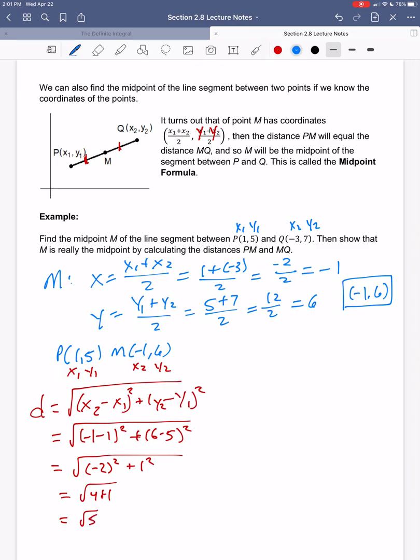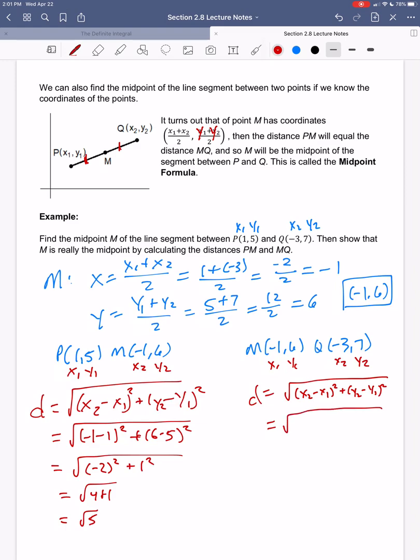And then if I want the distance from M to Q, well, M is negative 1, 6. Q up there is negative 3, 7. And I'm going to call this x1, y1, x2, y2 for this distance formula. So I plug in, I get negative 3 minus negative 1, and I get 7 minus 6.